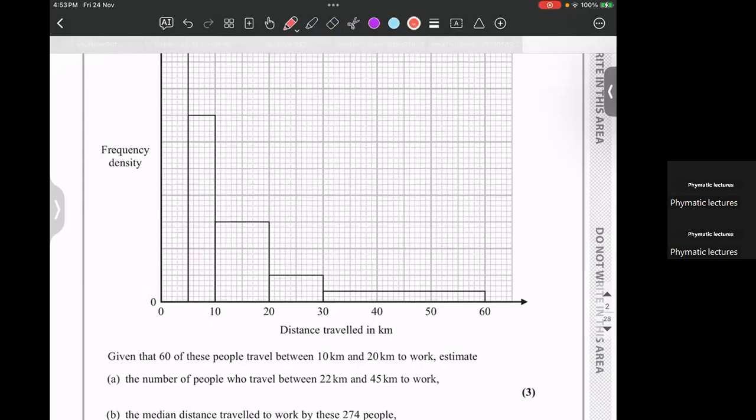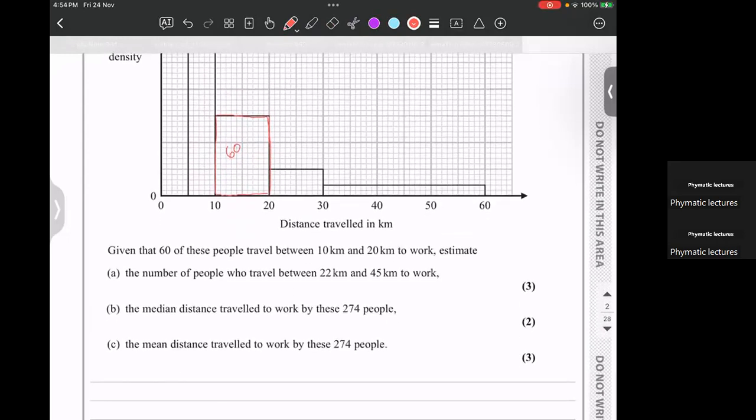What that means? It means that the area of this rectangular portion is 60, because area of histogram represents frequency. Clear?